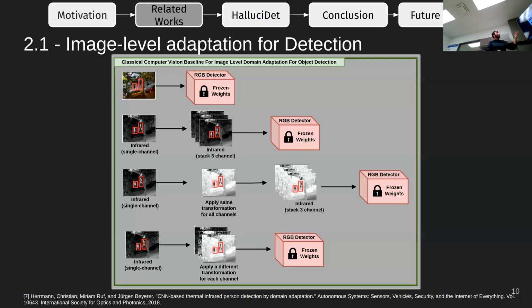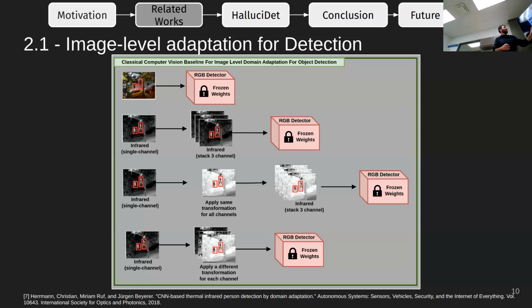In this case, we have this work from Herman that proposed to do the adaptation on the input. But this method was using just classical computer vision, where they try to pre-process the input image, doing some translation and also some augmentations on the input image, but just inverting the pixels to make the IR closer to an RGB distribution.